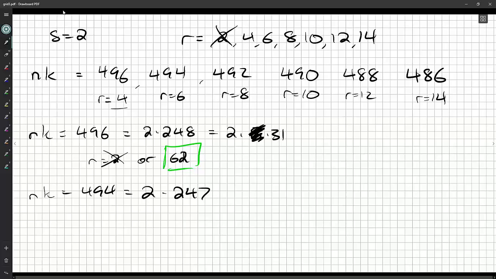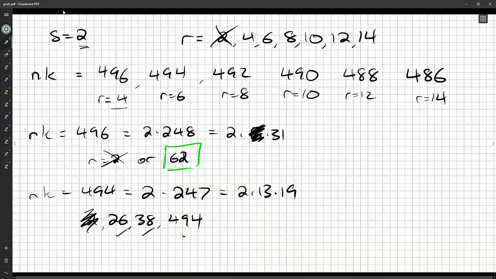Oh, 13 times 19, there we go. So 2 times 13 times 19. Alright, so 2 times any odd will leave a remainder of 2 when divided by 4. So we could get 2, we could get 26, we could get 38, or we could get 2 times all of them, which is 494. So any of these will work.